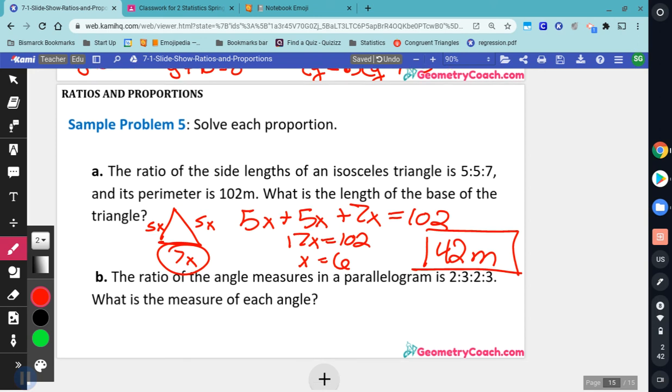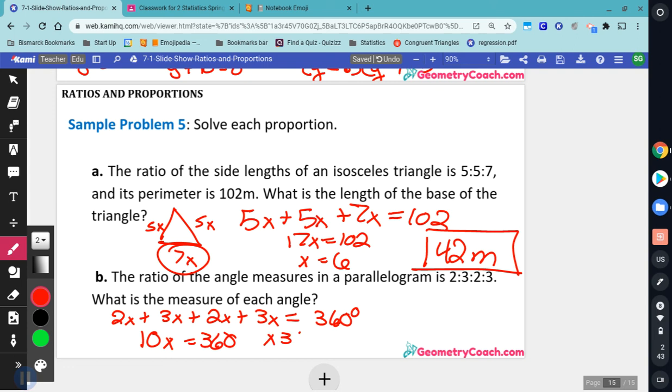Okay. So we're going to do the same kind of setup for the angle measures in a parallelogram. We're not sure what factor they're multiplied by, but we do know what the angles of a parallelogram are supposed to add up to. They add up to 360 degrees because it's a 4-sided figure. So we've got 2, 3, 2, 3, we've got 10x.